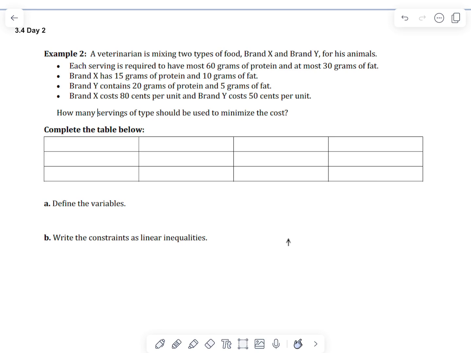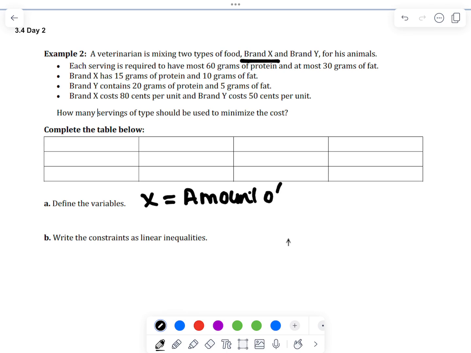So we're going to go ahead and set up our table. So we want to identify who our variables are. So brand X, and the unit of measure will be grams.